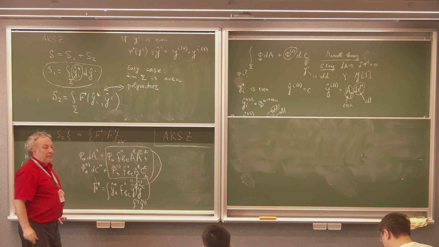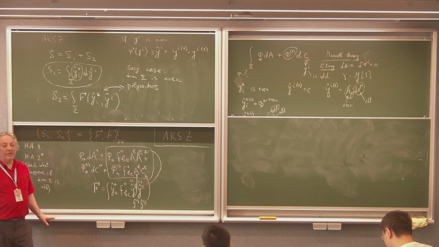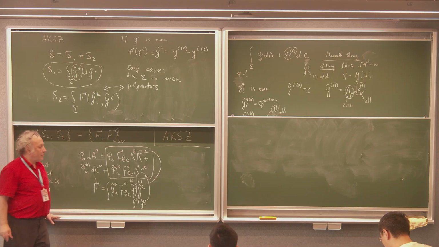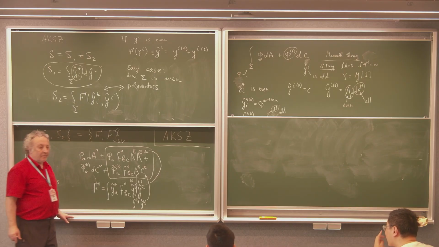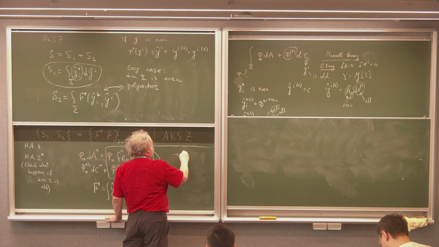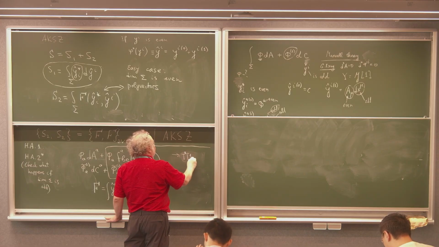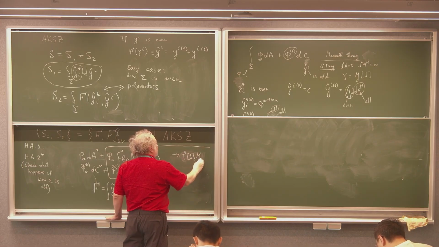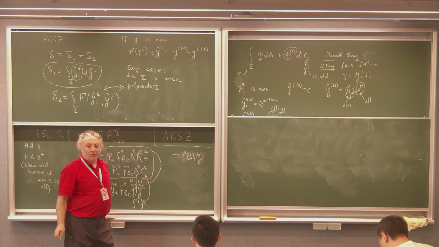Then some people made the following observation. We consider the target plane as T star shifted by 1 to G, to the LG.